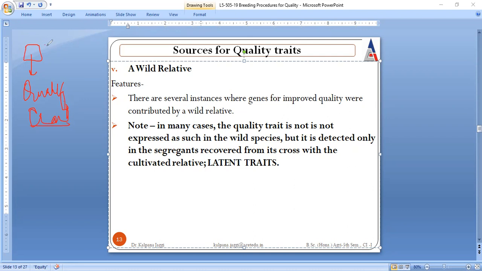But when the wild relative is allowed to cross with, say, a cultivated species, then at that particular time we could see this quality trait. At that time, the quality trait becomes observable.